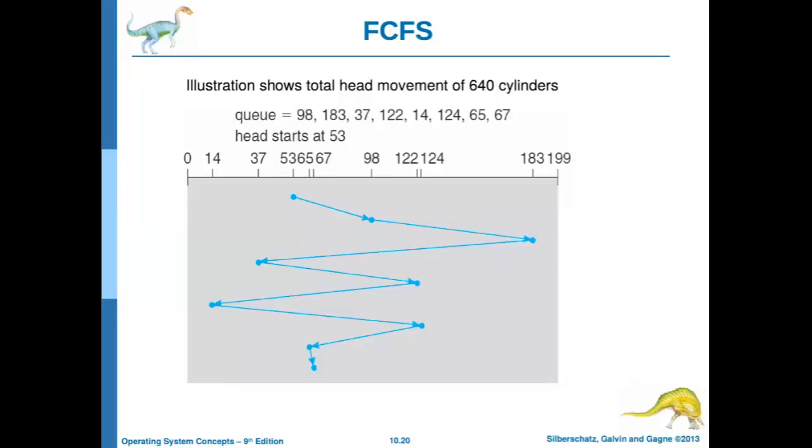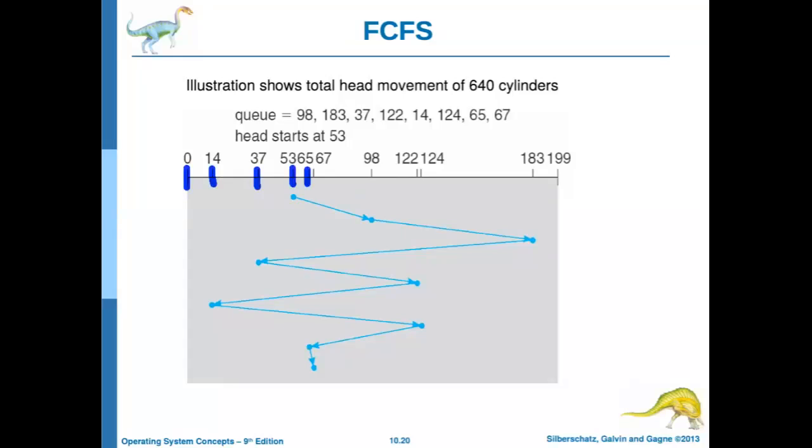So this was the first come, first serve, one of the examples. The request queue is already given there. Now the head starts at 53, and yesterday we did all the calculations. It is a very simple thing. On the top, these cylinder numbers are mentioned, like here it is 0, then 14, then 37, 53.